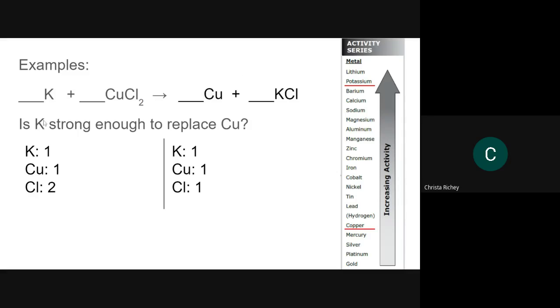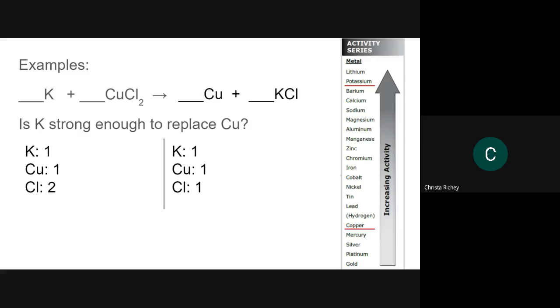So I have 1 potassium, I have 1 copper, and I have 2 chlorines. We write the line directly underneath the arrow if you're doing the mathematics to balance it underneath it. Potassium has to be bigger than copper. It has to be higher up. It has to be stronger.